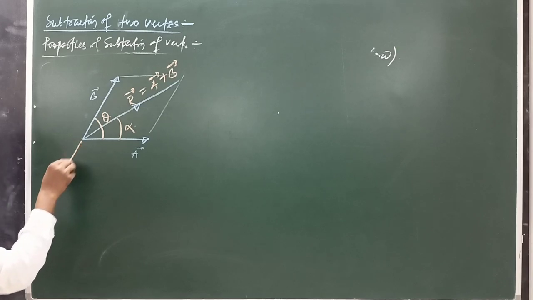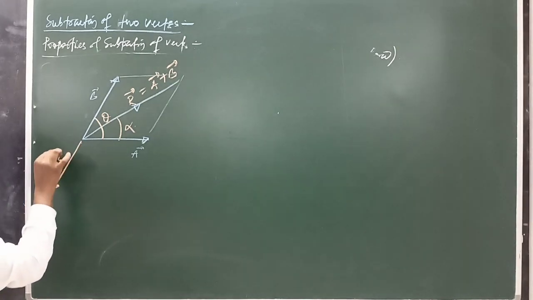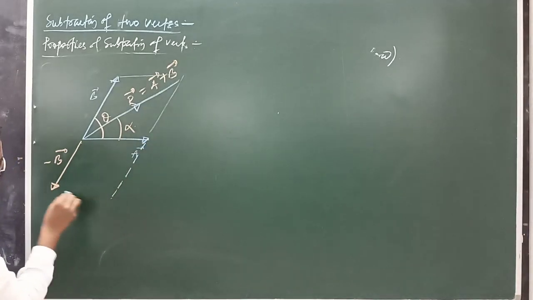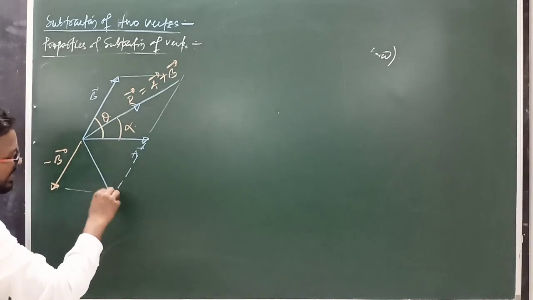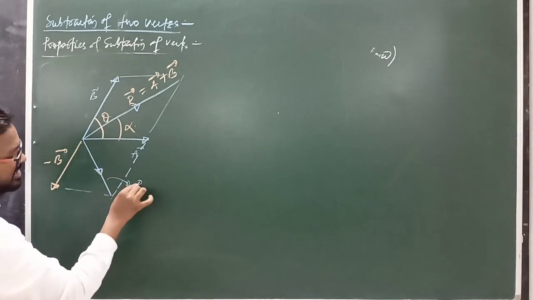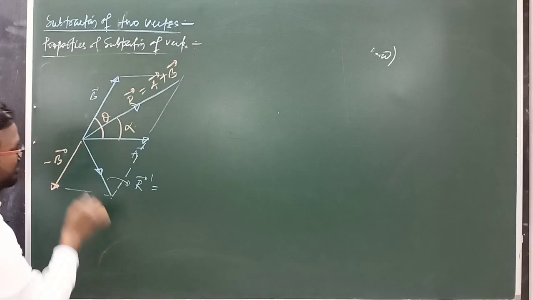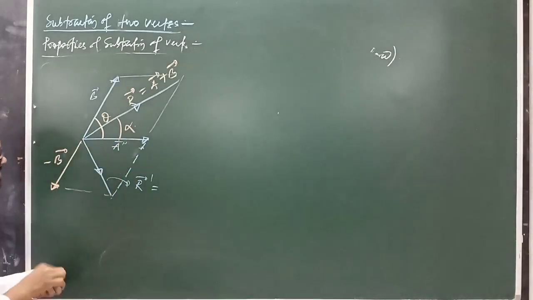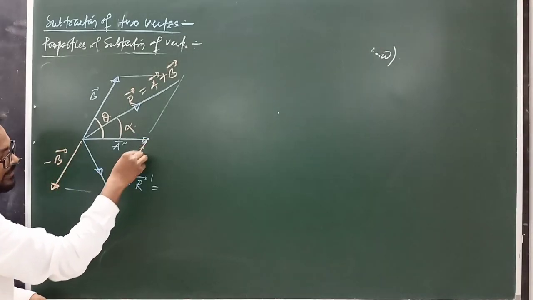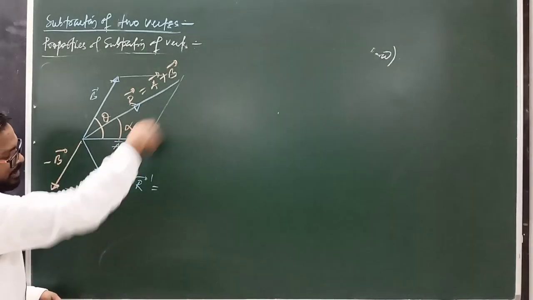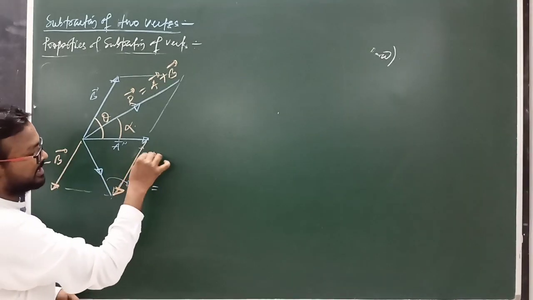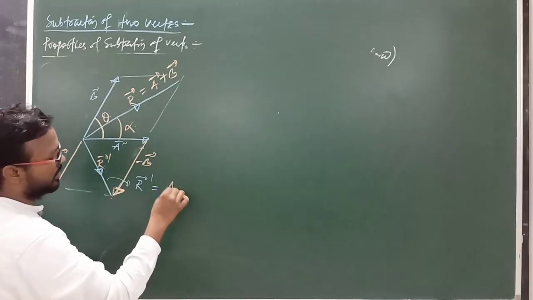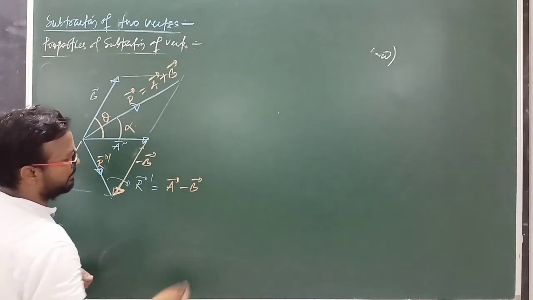If this is the direction of the minus B vector or negative vector, then you can draw this closing side, which indicates the resultant vector. Suppose this resultant vector is r dash, which equals A vector plus B shifted here, because this is minus B. So r dash equals A vector minus B vector.